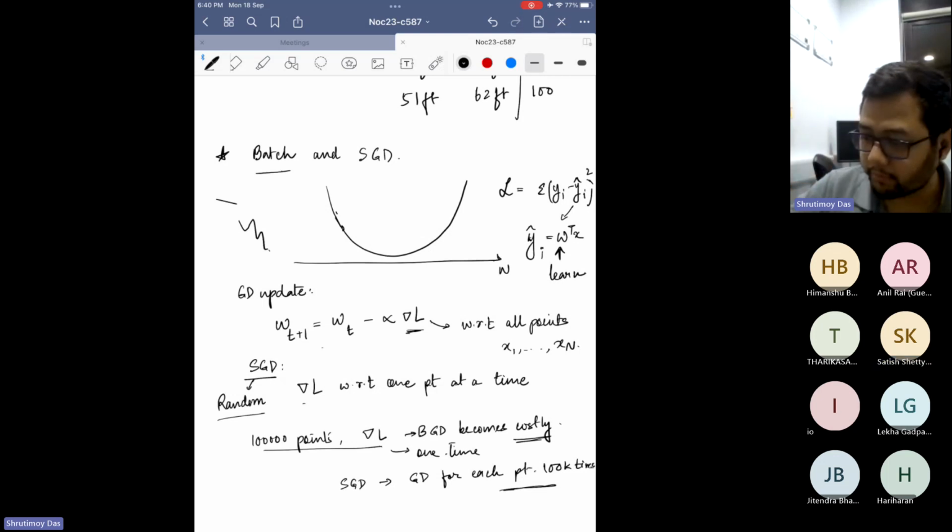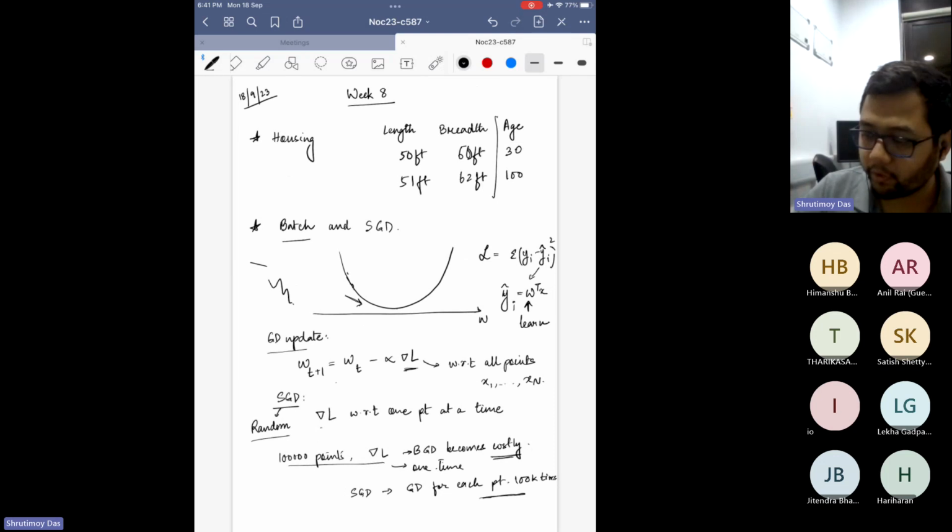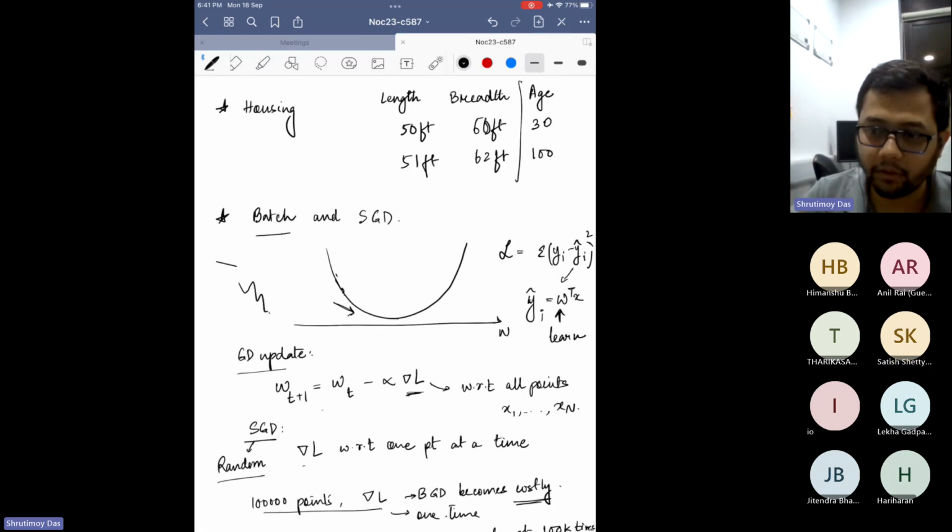At each time it is not necessary that you will get a gradient that is always in the direction of the minimum. But in batch gradient descent, you are always going in the direction of the minimum, so it will converge fast to the minima. In stochastic gradient descent, sometimes you will go in the direction of the minima, sometimes you will go away from it.